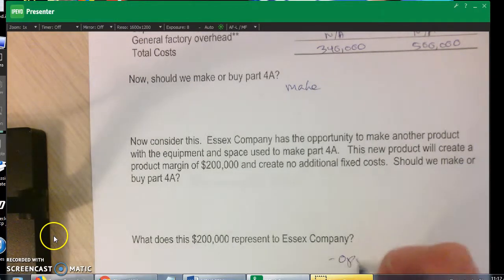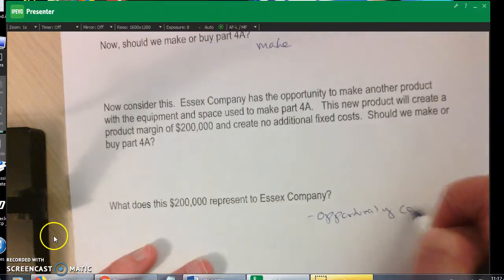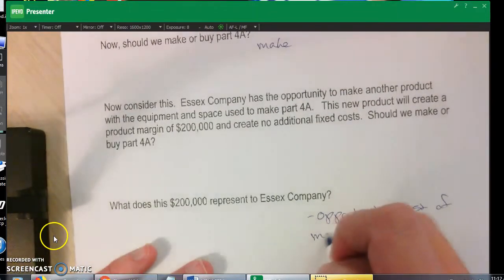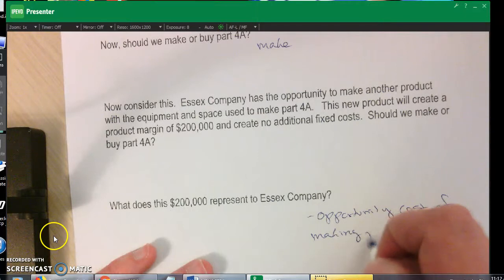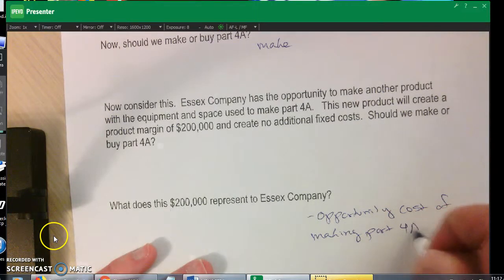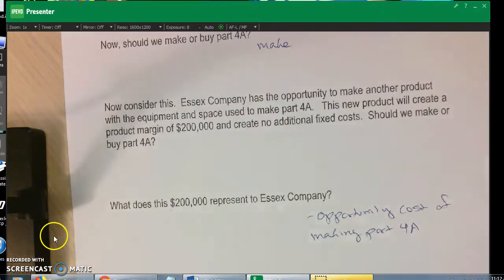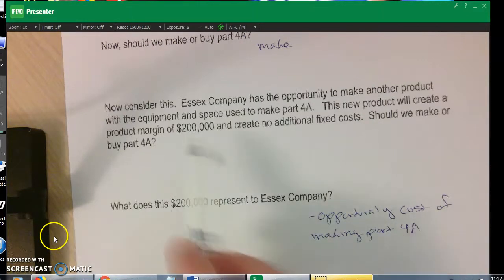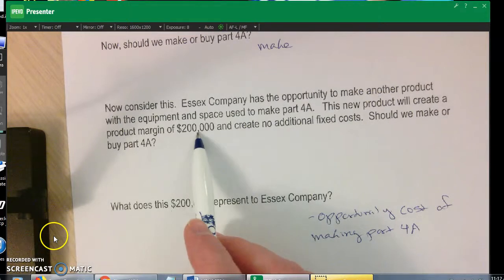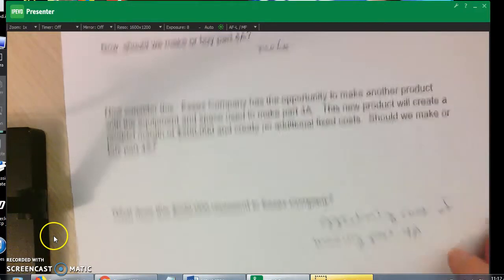It's an opportunity cost of making Part 4A. That's exactly what it is. So if we make Part 4A, we can't make Part 4B, which gives us this profit of $200,000.